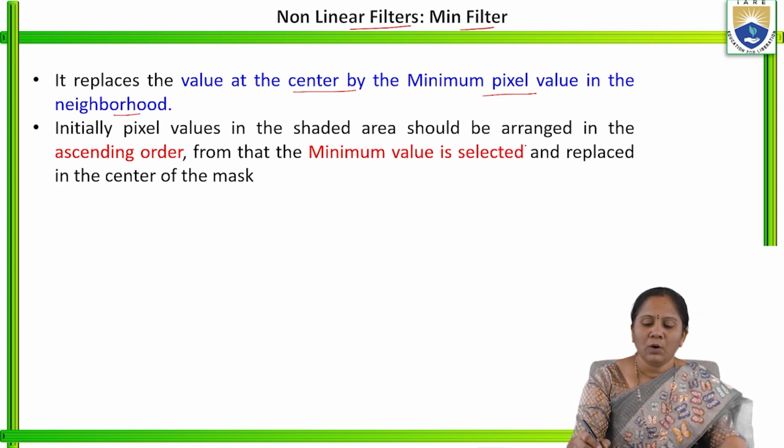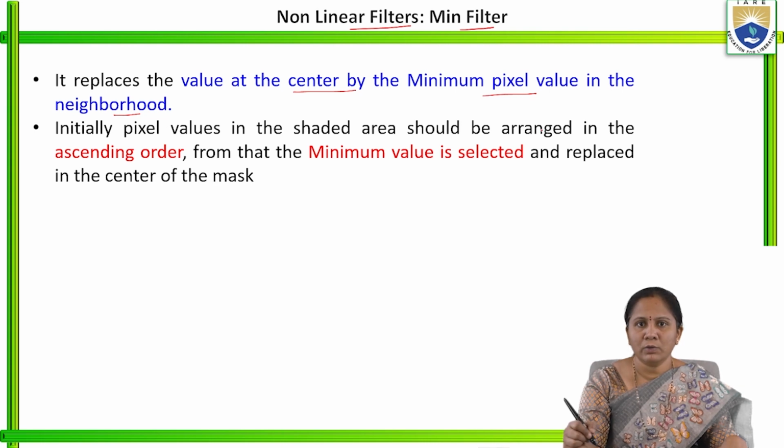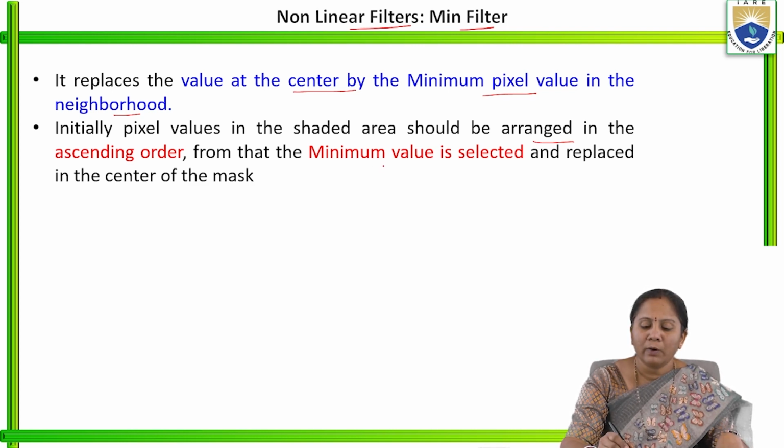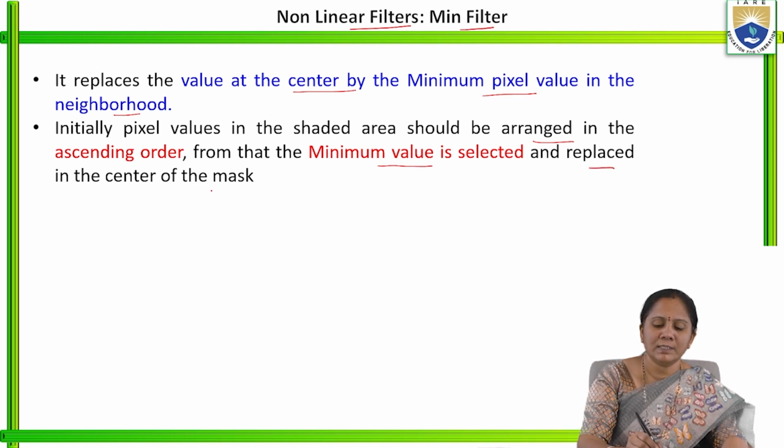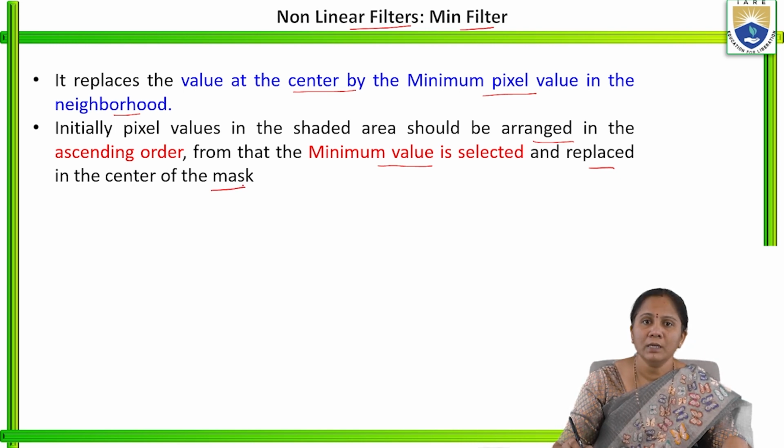So initially we have to consider all the neighborhood pixels same as in the median filter, and we have to arrange them in the ascending order same as median filter. But after writing in the ascending order, we have to consider the minimum value. That minimum value will be replaced as the center pixel value in the mask.